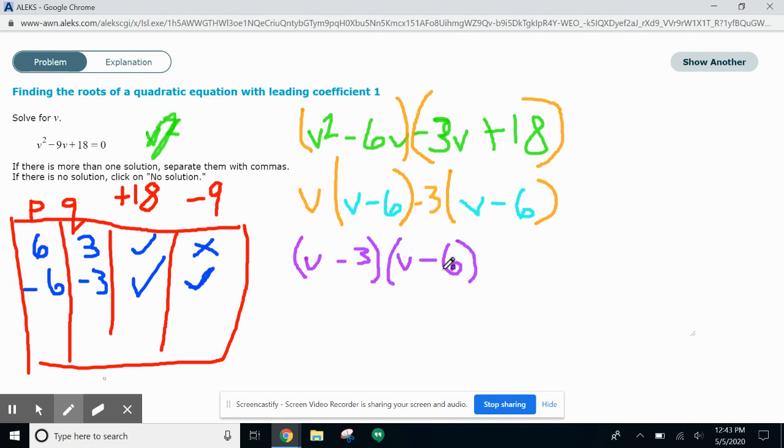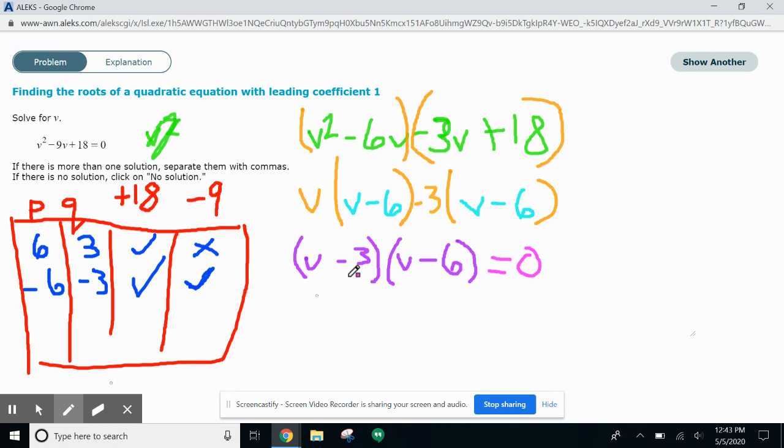Now I have my two factors, and what I'm going to do now is set them both equal to 0 to find my roots. As you get going on this, it'll get a little bit faster for you. I already know the roots are going to be positive 3 and positive 6.